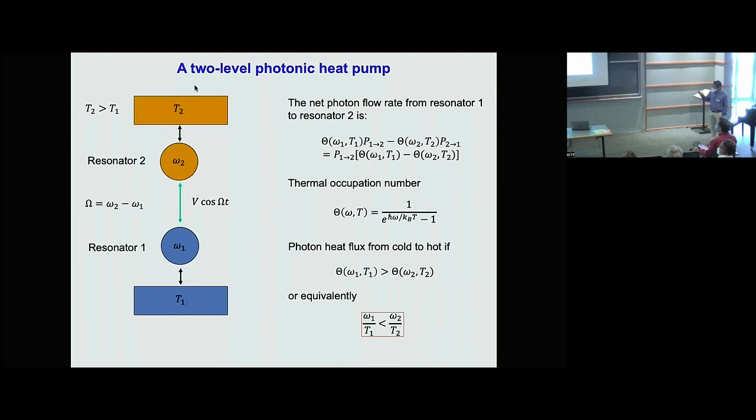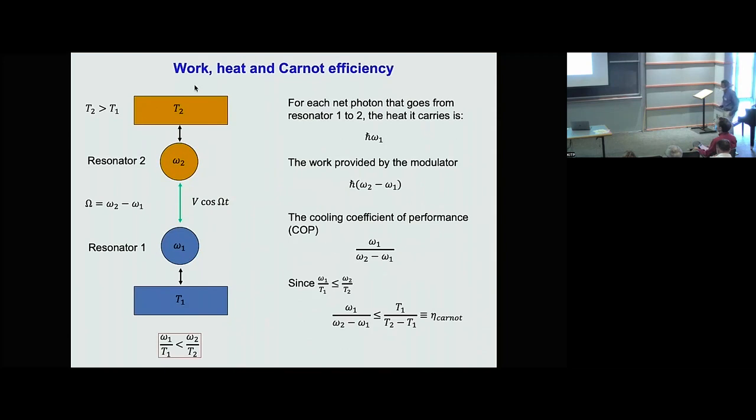And so with this, all you need to do is to choose the frequency difference between these two to satisfy this condition. And you can do a more detailed analysis associated with this as a heat engine. So, the amount of heat per transition is basically just taking a photon from here and going up.